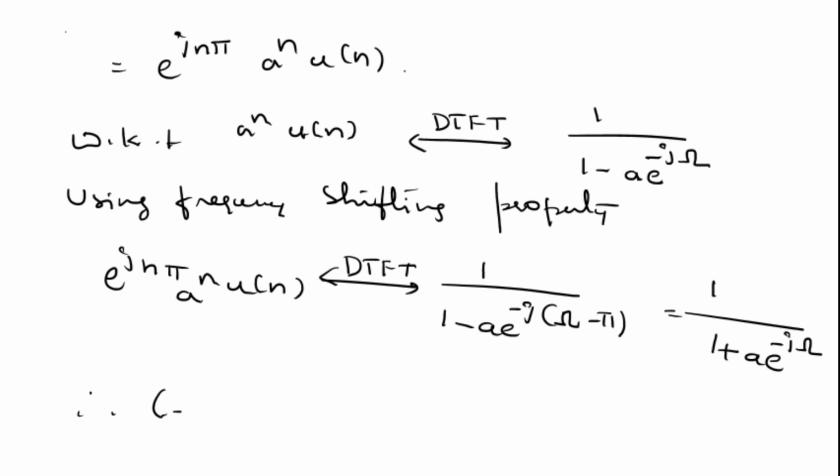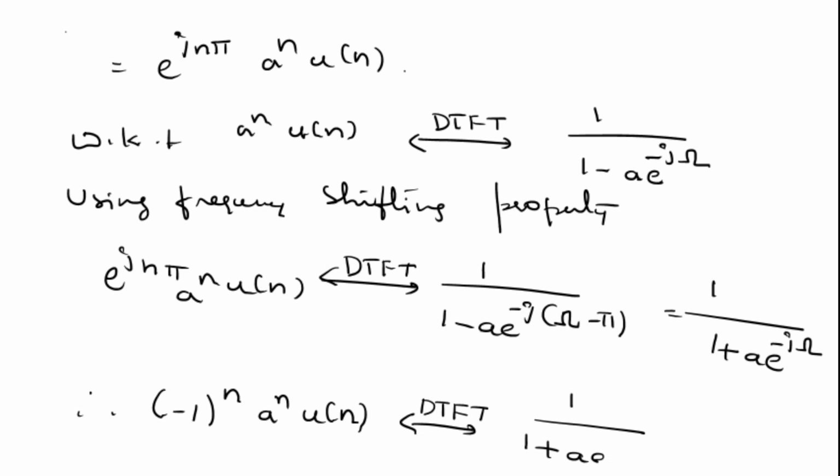Therefore, minus 1 to the power n into a to the power n into u of n, if we take DTFT, we get 1 divided by 1 plus a into e power minus j omega.